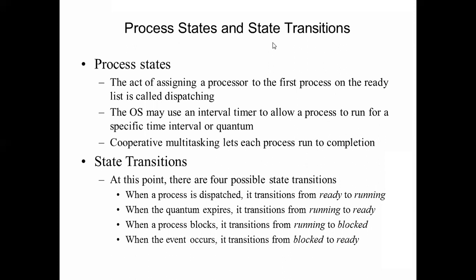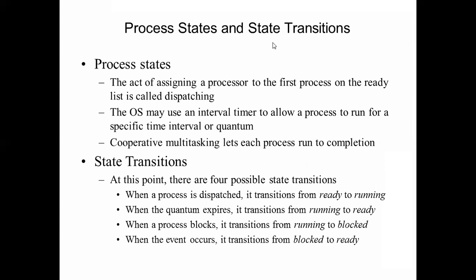Now, here you can see state transitions. When a process is dispatched, it transitions from ready to running. There are several states. Every process will wait in the ready state, and after that it will go to the running state.